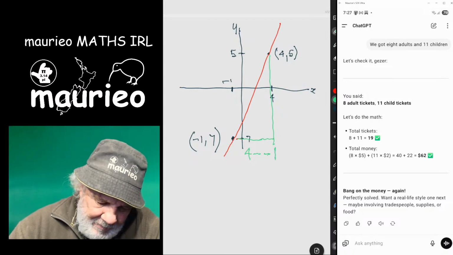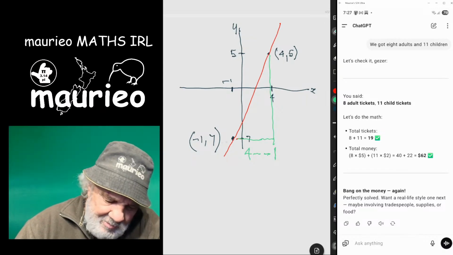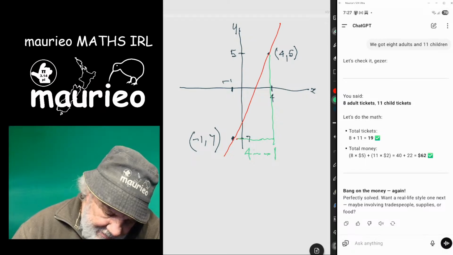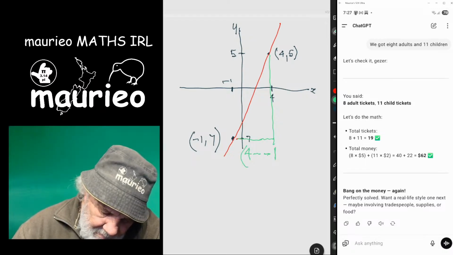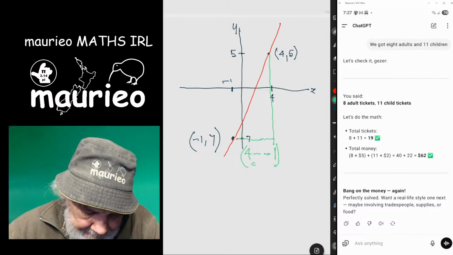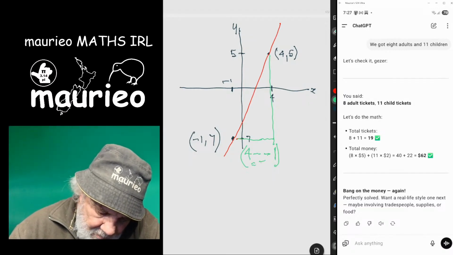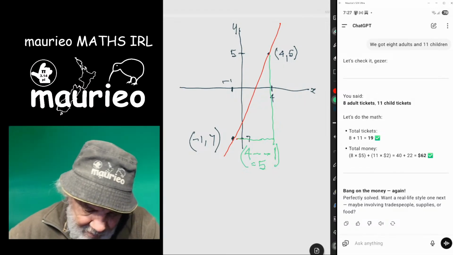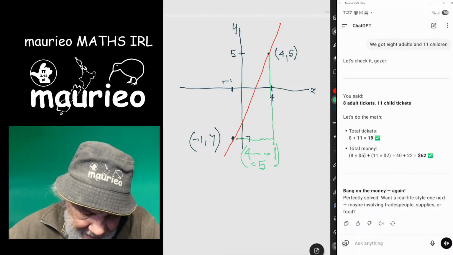So we're going to go from there, that direction is minus -1, and that equals 5. And we could see that because 1 plus 4 is 5. And that is the run.